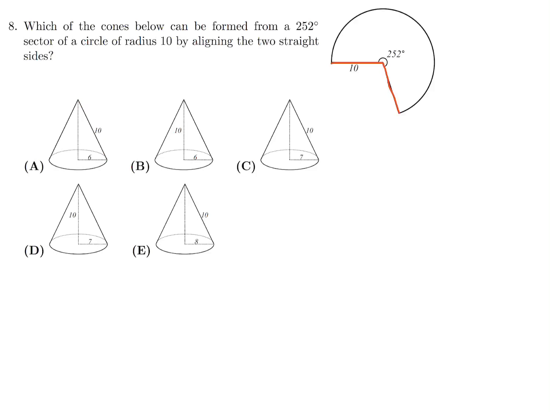So knowing that, we know that that part of the cone will be equal to 10. So we can immediately eliminate some of these that are not showing 10 as that part of the cone. We can eliminate B and D. All right? So that part of the cone is 10. We know that for a fact based on the diagram right here.